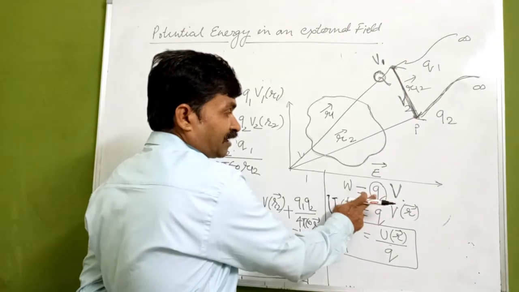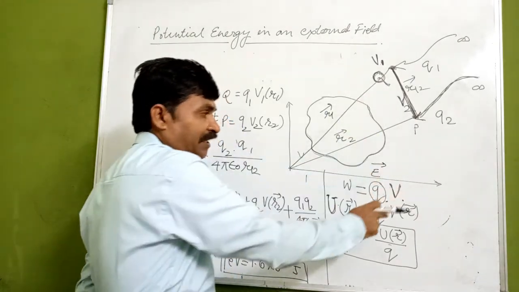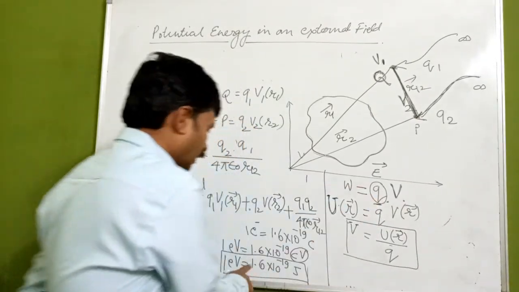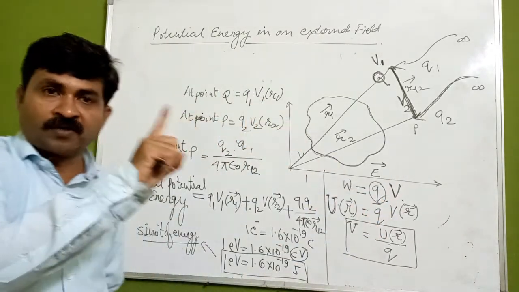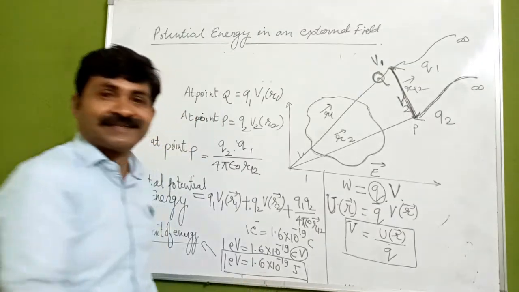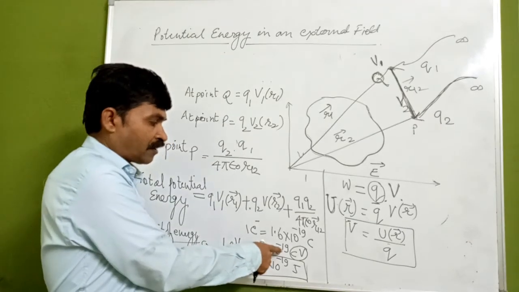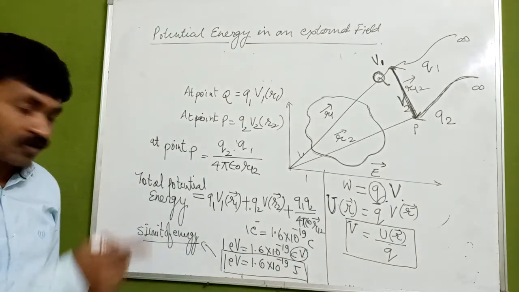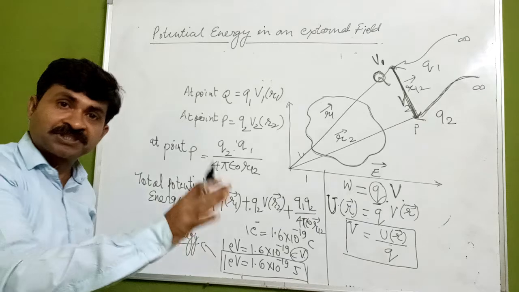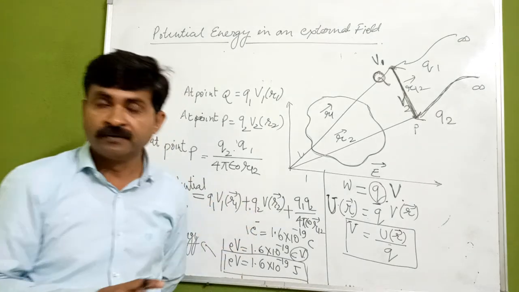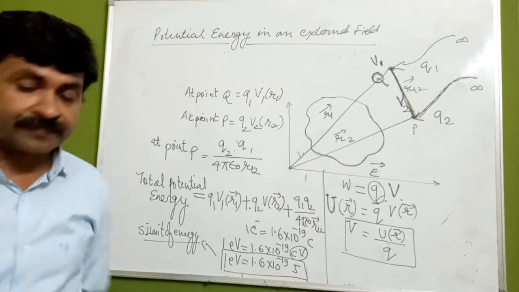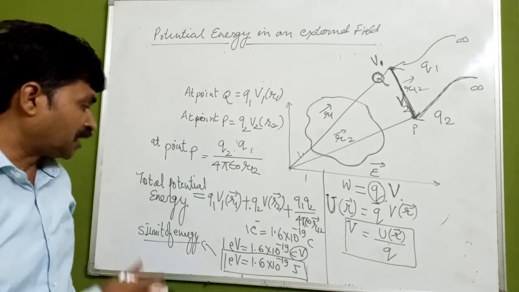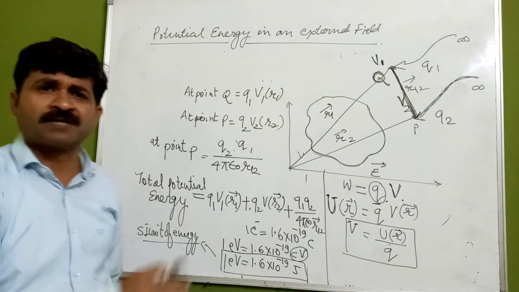How have we got it? If we have 1 electron and we are carrying it, then the work done will be given by this 1 electron volt, and if there is a difference of 1 volt, we can take it as 1.6 into 10 raised to the power minus 19 multiplied by 1 volt. So here coulomb and volt will give the joule. So 1 electron volt will give you 1.6 into 10 raised to the power minus 19 joule. Okay. So we have got a unit here, the unit of energy in terms of electron volt.